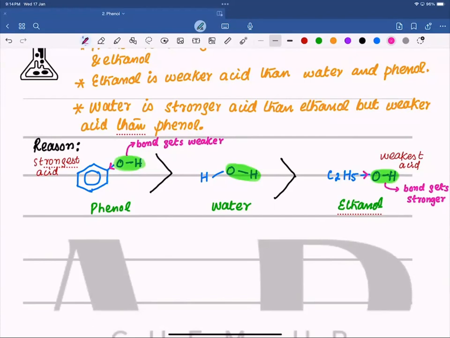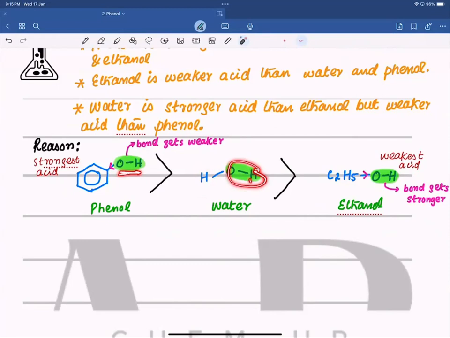Yes. Okay. Then when we discuss it in the context of water, in water there are hydrogens bonded to oxygen, and these hydrogens are neither electron donating nor electron withdrawing. So this OH bond is stronger than the OH bond in phenol.